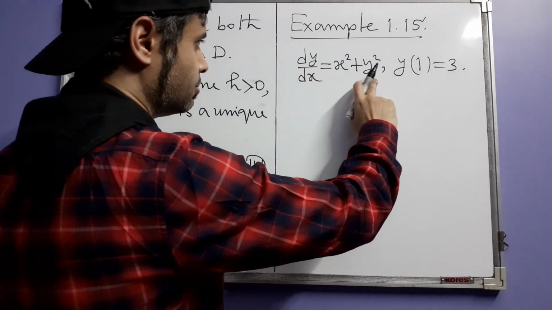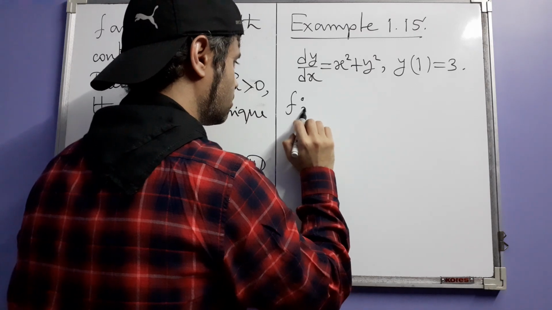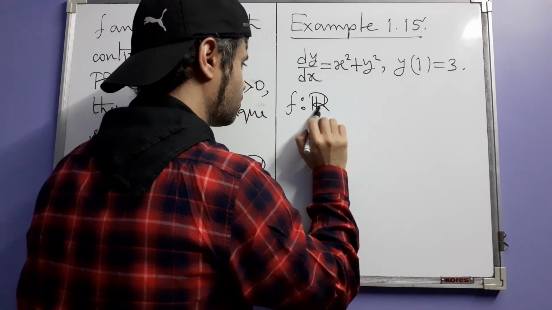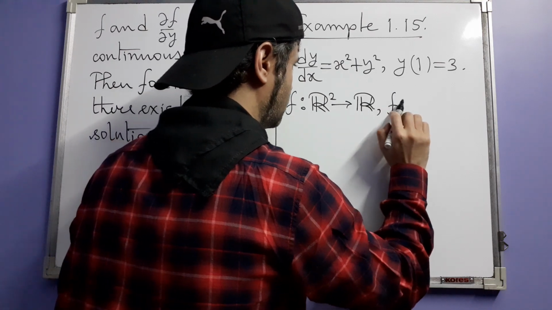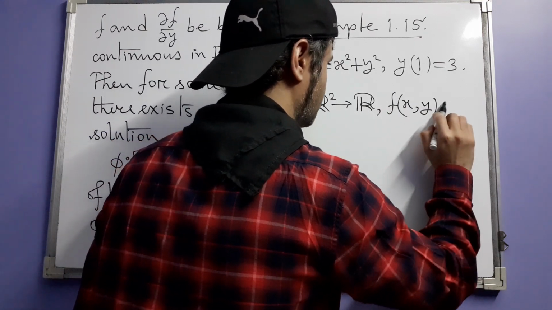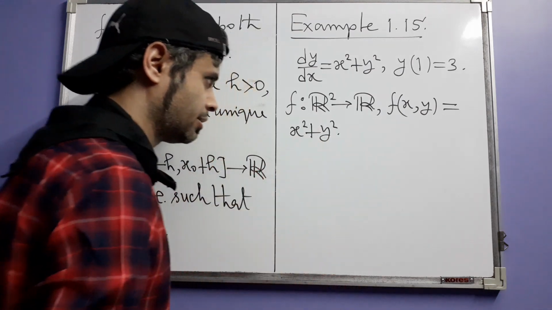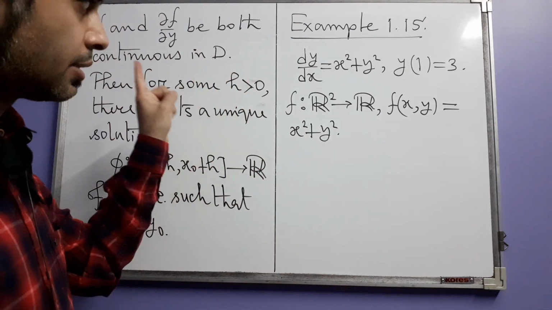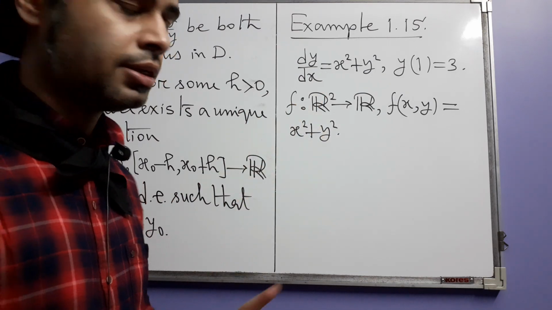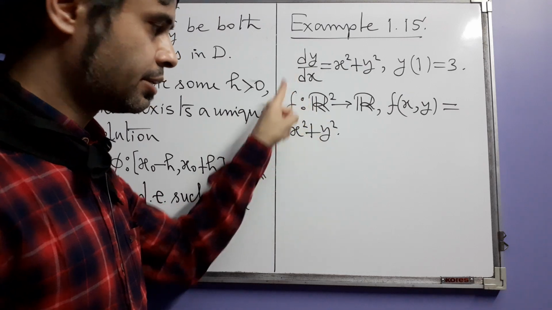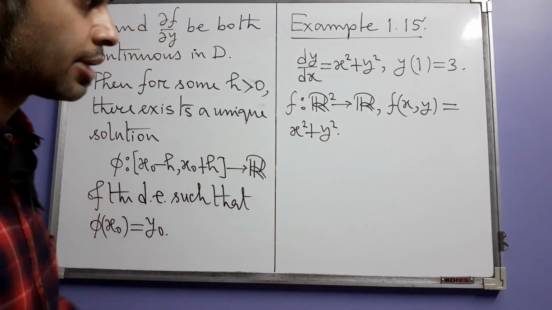First of all, we need to consider, I mean that's the only thing we have to see, we have this function f of x comma y equals x square plus y square. That D in that statement in this case is R2. Is R2 a domain? Is it open? Yes. It's the entire metric space, it is open. Is it connected? Yes, it is also connected.